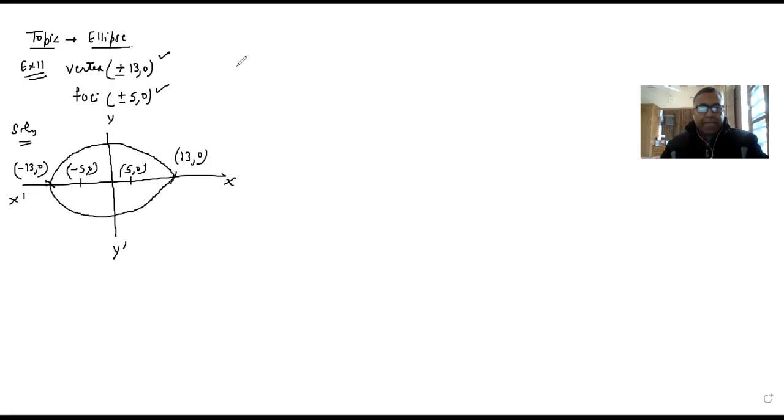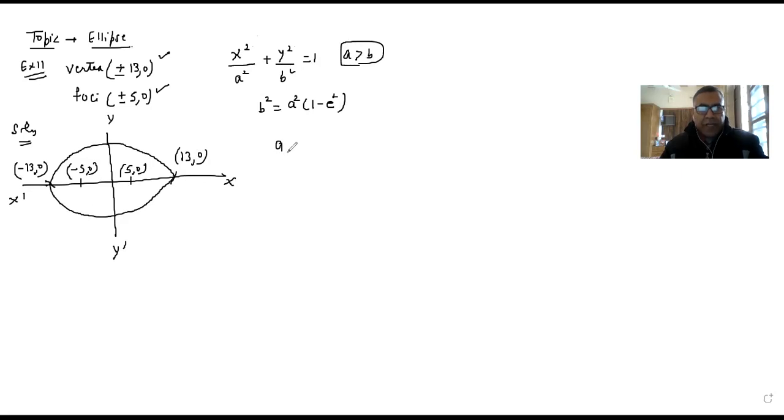Now we know that the equation of the ellipse is x square upon a square plus y square upon b square is equal to 1. A is greater than b because the x-axis is the major axis, and b square is equal to a square into 1 minus e square. Now first of all, see, the vertex is 13.